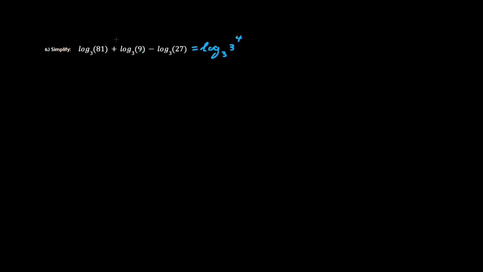Nine is 3 to the power of 2. And 27 is 3 to the power of 3.